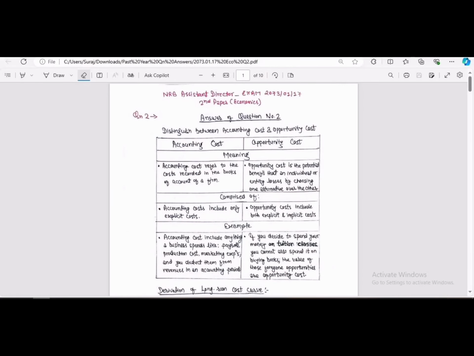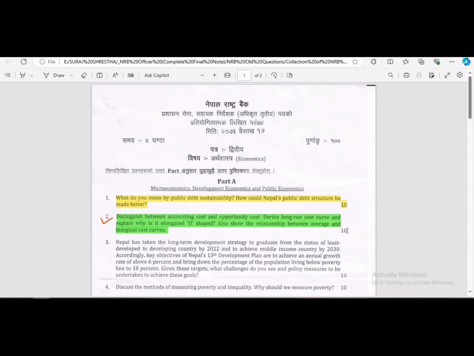We can shortly review the answer of our writing. It has 10 marks, and we covered it in 4 pages because this is about the curve, so we have to write the diagram as well.